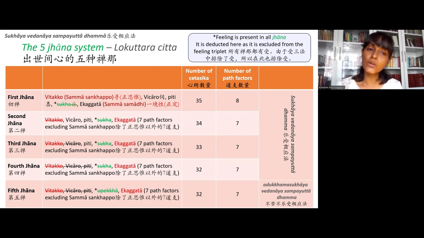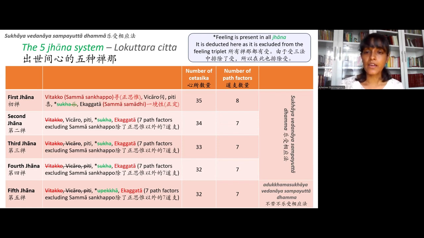We are deducting it only because Sukhāya, Vedanāya, sampayuttā, dhammā doesn't include Vedana, right? So we deduct that. Now, out of 36 mental factors, when we deduct Vedana, we get a total of 35. The number of path factors will not change.